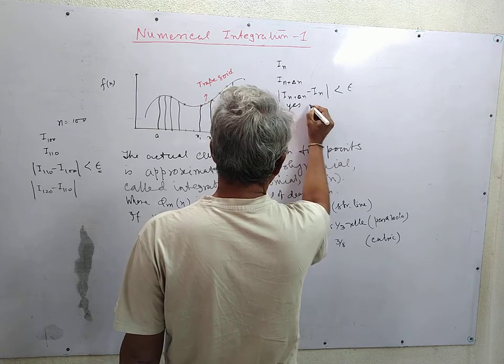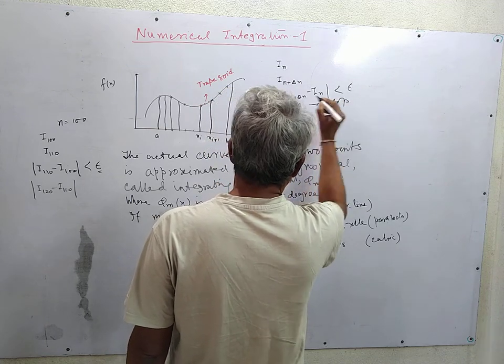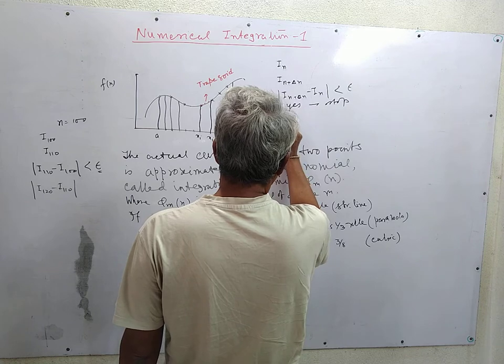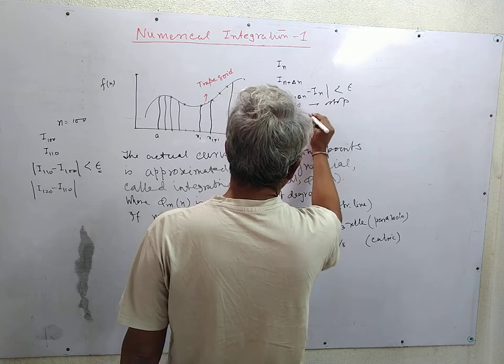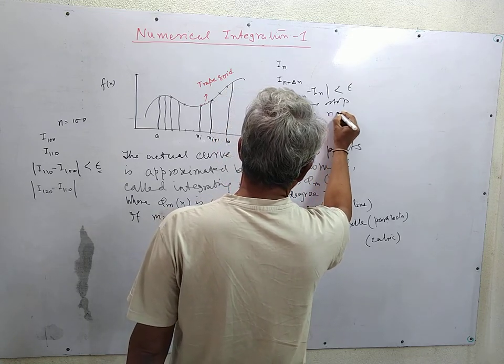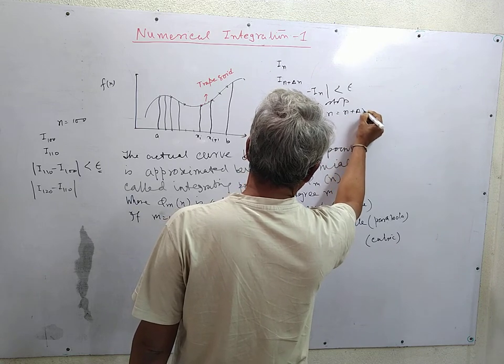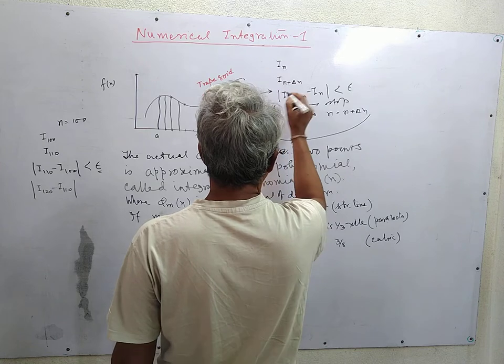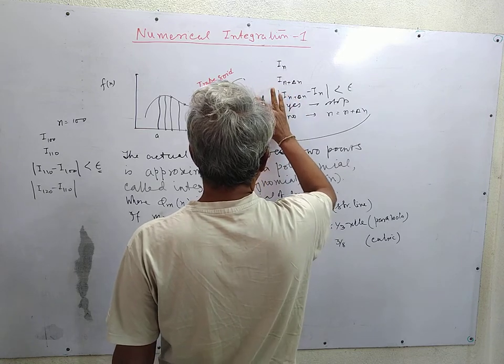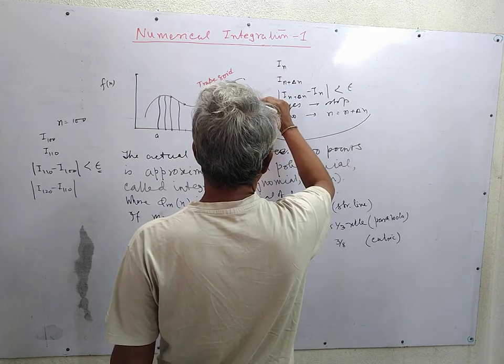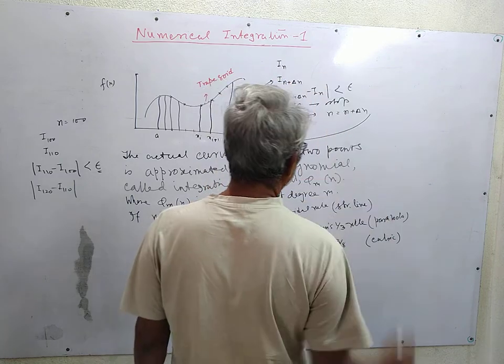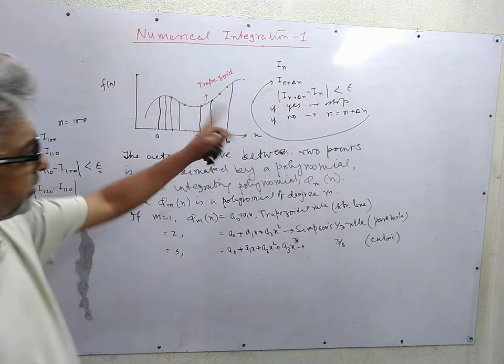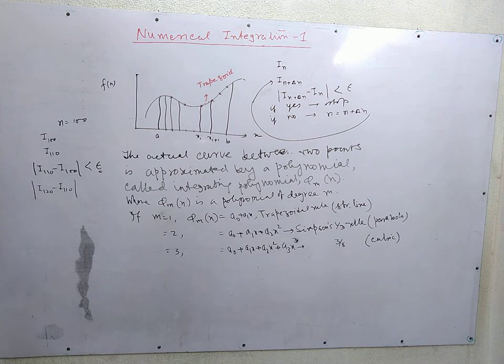If yes, stop. If no, we set n equal to n plus delta n and go back, and we carry on this process repeatedly.